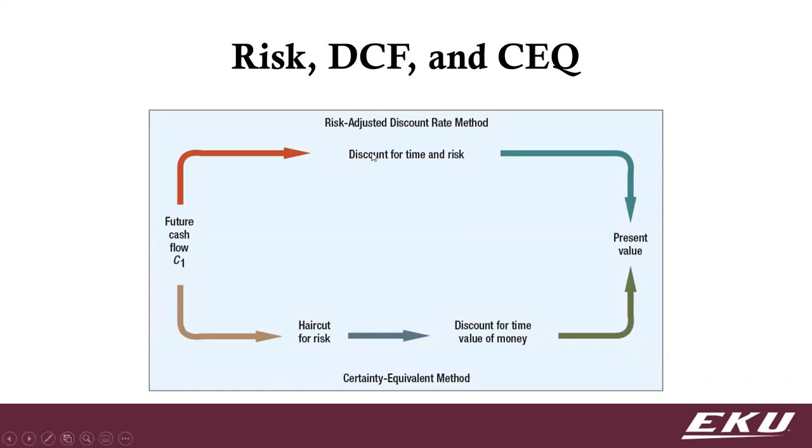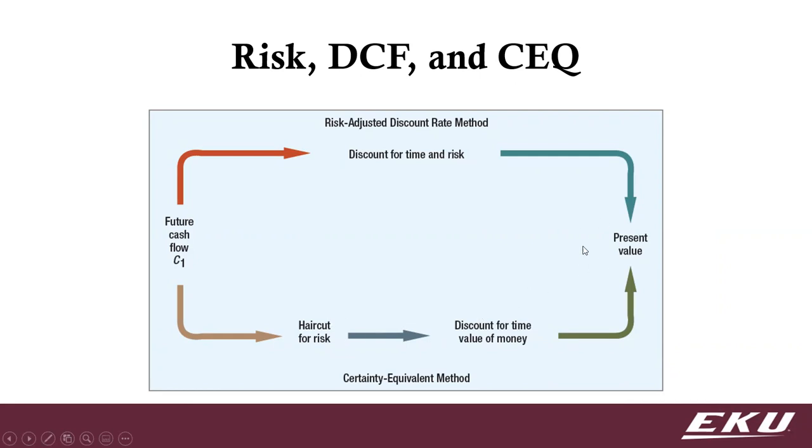The one that I've been telling you about up until this point is the risk-adjusted one. I'm going to discount for time, the time value of money piece, but I'm also going to adjust for risk because I'm going to discount it at that 1 plus R. Down here, I could give you a haircut for risk, make the certainty equivalent for your cash flow, and then just do the time value of money discount.